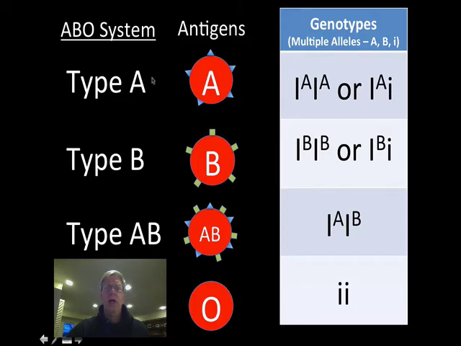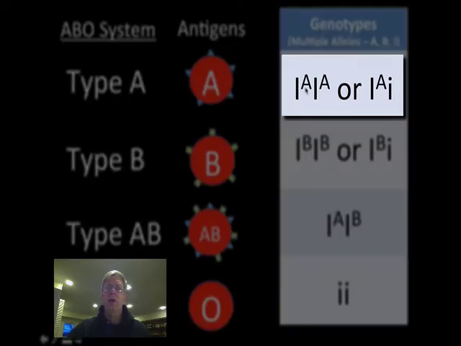So a person with type A blood could have gotten a type A dominant allele from mom and a type A dominant allele from dad, which would give them type A blood. There's a second way somebody could have type A blood: if they received a type A dominant allele from one parent and a recessive allele for nothing from the other parent. Since type A is dominant, this would also result in type A blood.